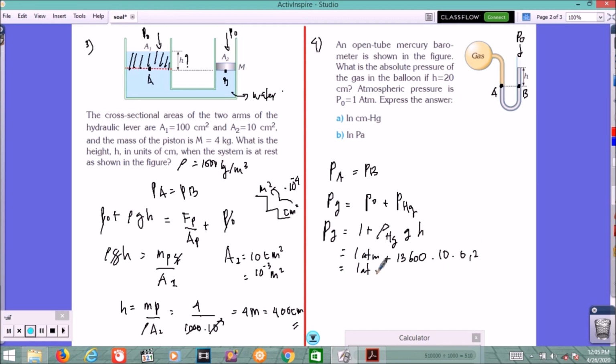So 1 atm plus 13,600 times 10 times 0.2, which is 27,200.